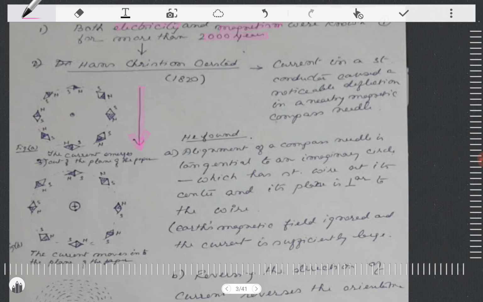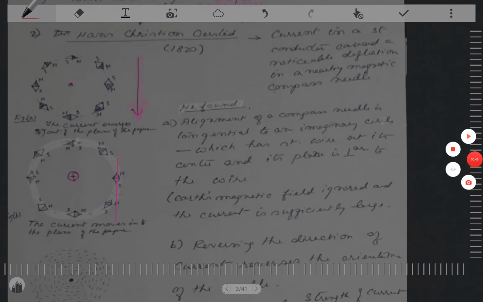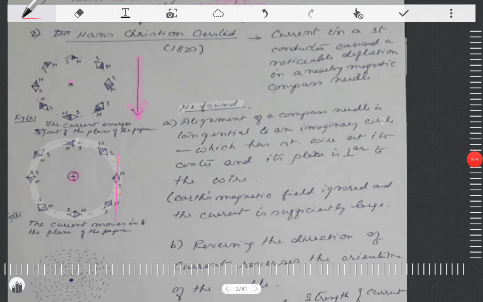Suppose the current is flowing here, and see the deflection. The current emerges out of the plane of the paper. The needle's direction is along the tangent of the circle.